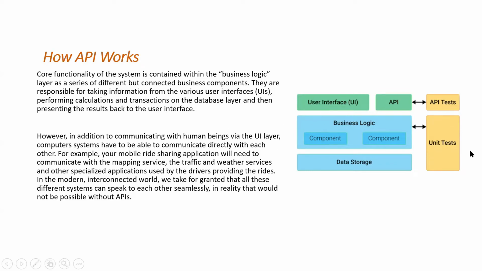So they will be talking to everyone. Now, this interaction of the user interface with different business logic or different components is done through different APIs. Application Programming Interface means you are communicating with other applications. One software is communicating with other softwares to get their information.